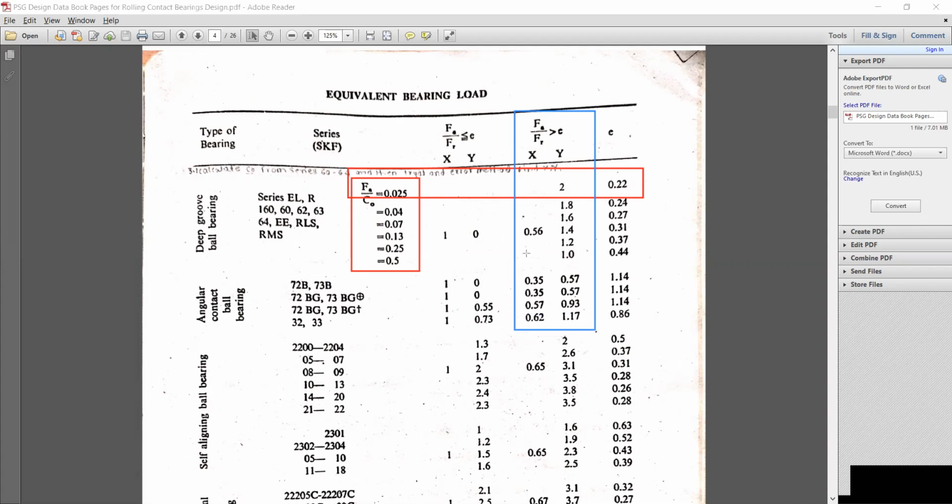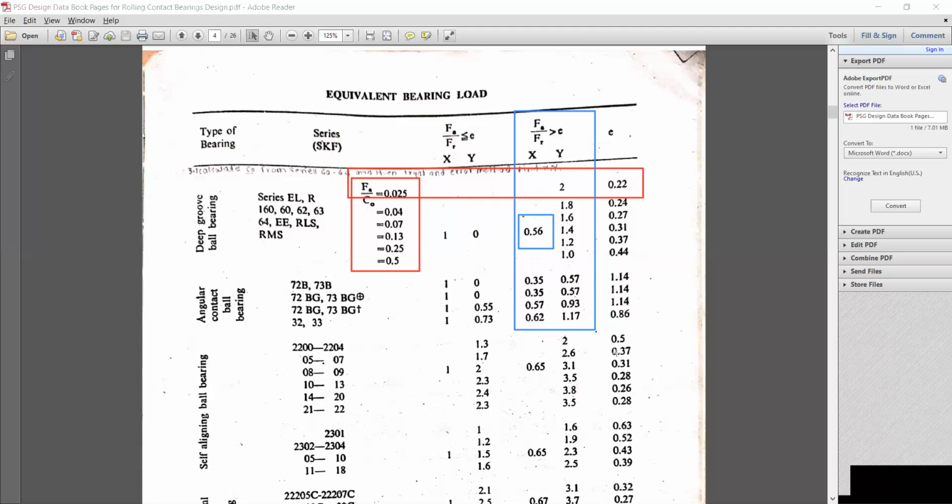In this column, what you understood is that the value of X is constant, or a single value is there. So the value of X, or you can say the radial factor, has a value of 0.56.